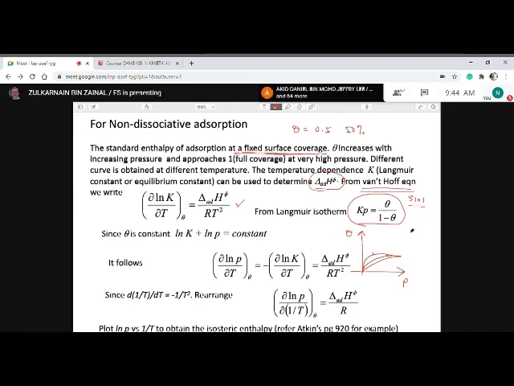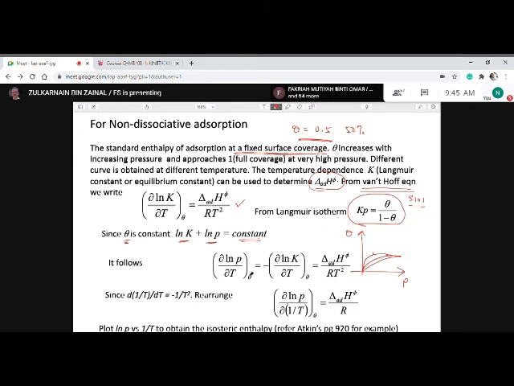Have you seen this equation earlier? I think so. We have seen this equation, right? And since theta is constant, because we have fixed a certain amount of coverage, we consider theta is constant. So meaning that ln K plus ln P is a constant.